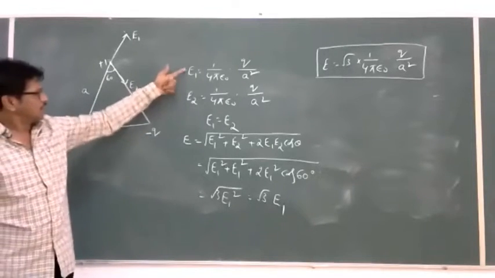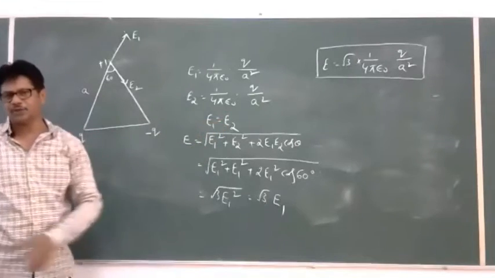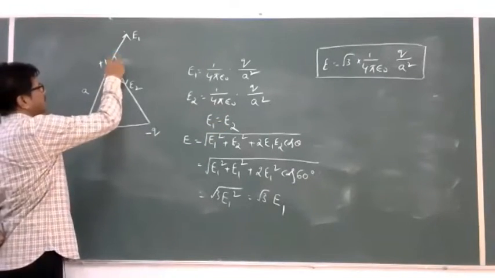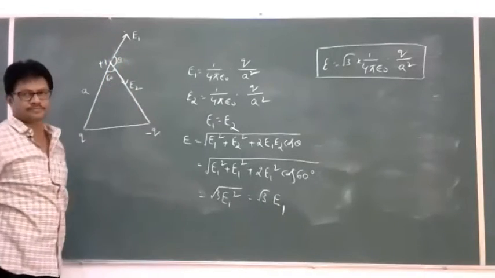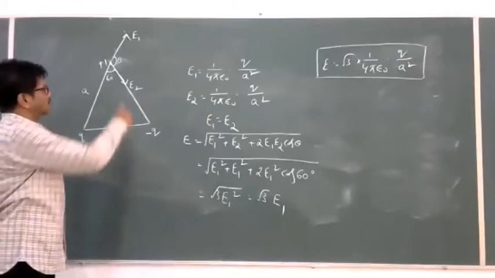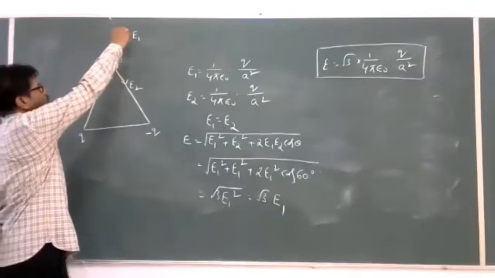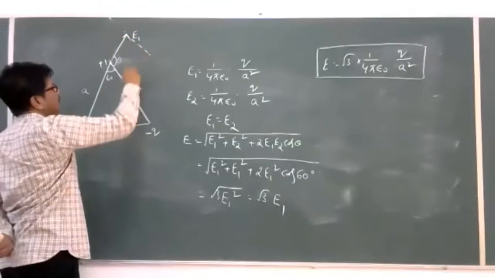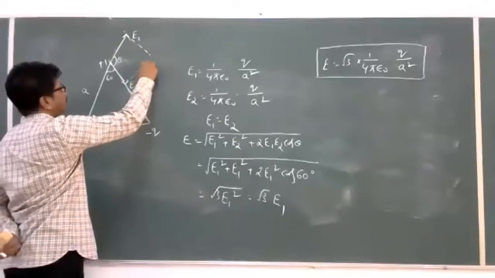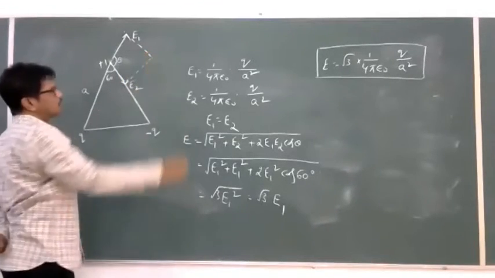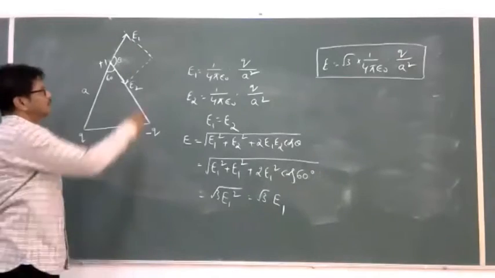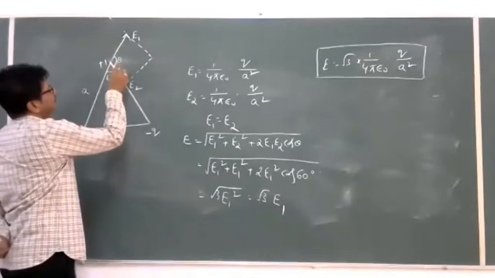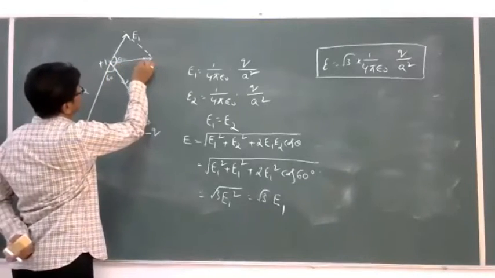From these two equations, E1 is equal to E2. These two are separated by a certain angle theta. In order to get the resultant of these two, we construct a parallelogram. The diagonal of the parallelogram will give the resultant.